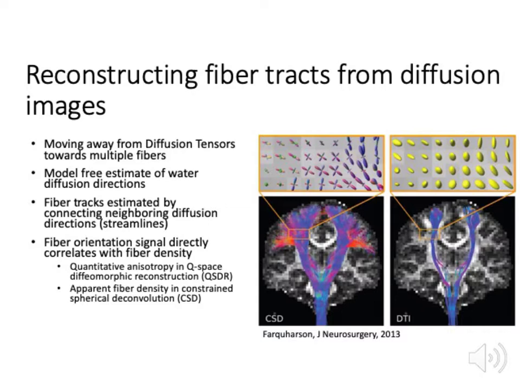The first reconstruction algorithms were known as diffusion tensor imaging, where in each voxel only one dominant direction of water diffusion was permitted.